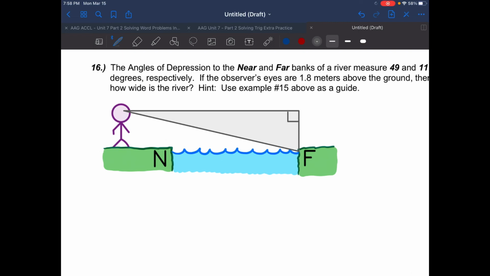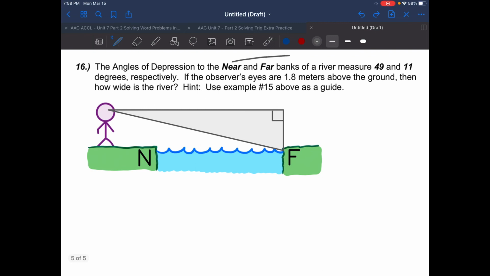Now, I want you to think about this. This observer does not have to look down as far as he or she would to see the near bank. Plus, they even say the near and far banks of the river respectively, which means in order. I'm going to put my 11 degrees here.